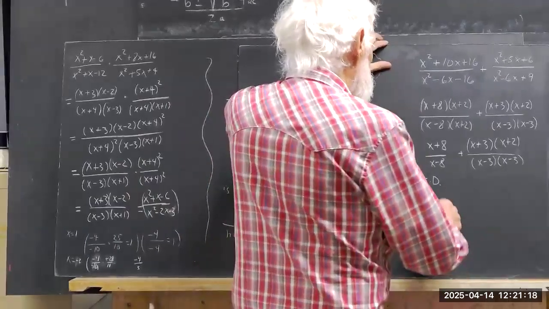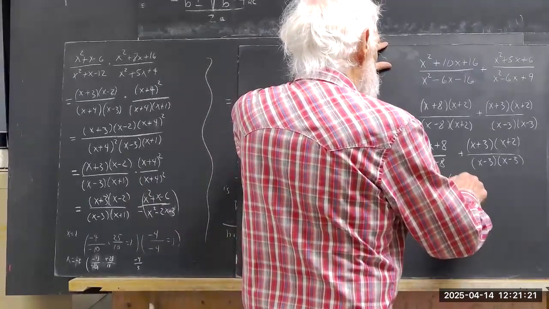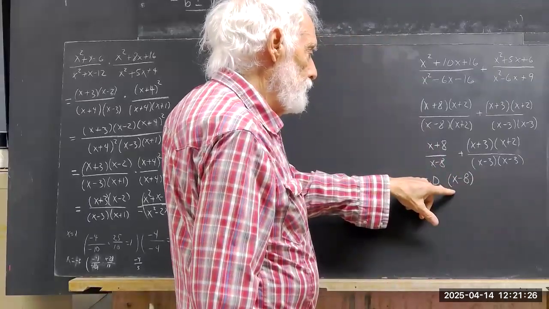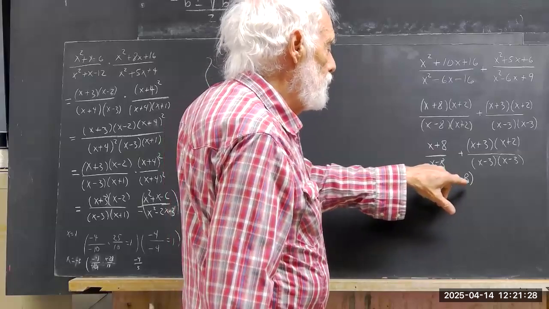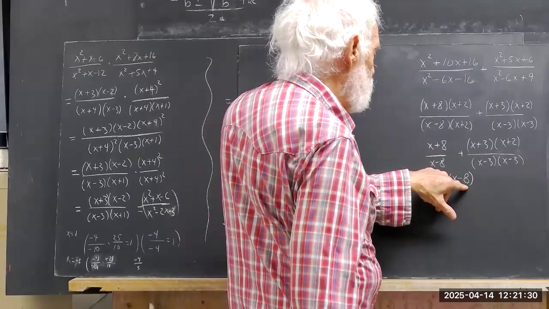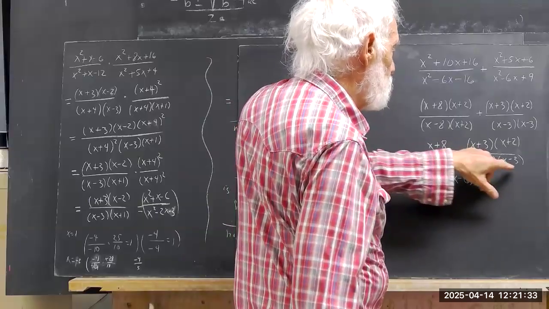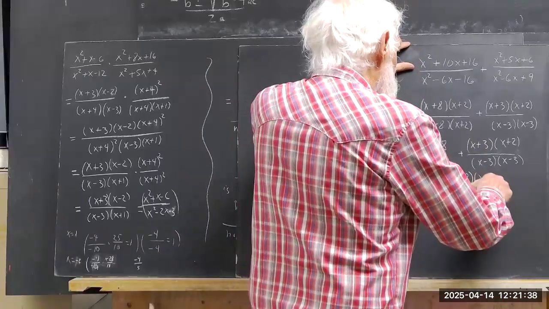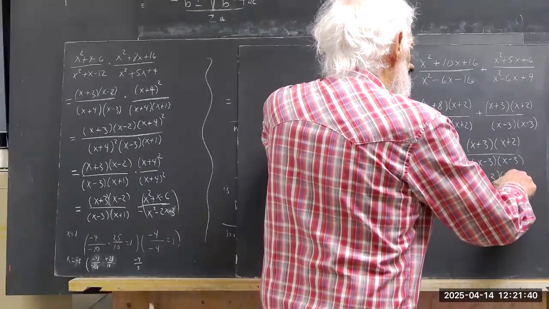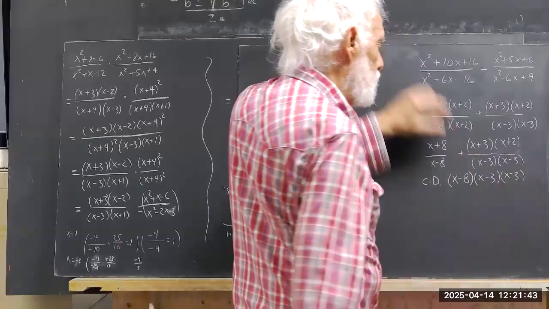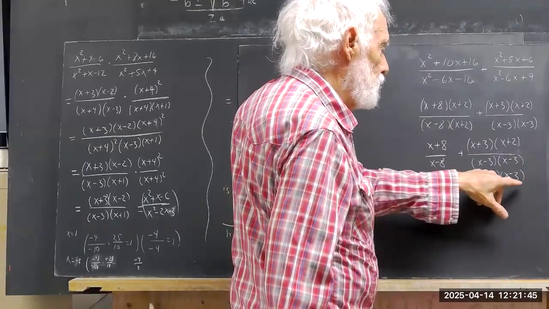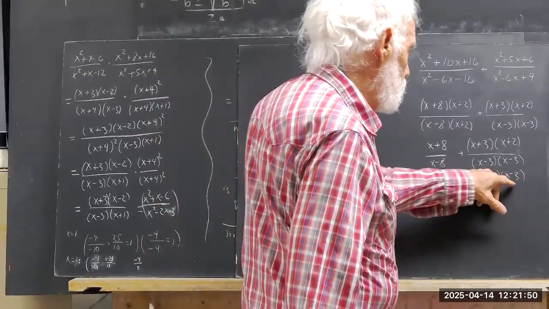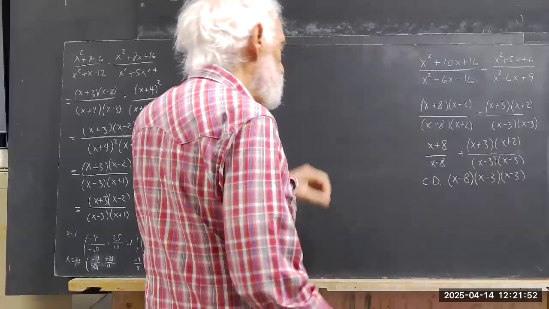Well, we certainly need the x minus 8, which is the denominator of the first. And then it needs a couple of x minus 3s because the denominator of the second fraction has those two. You have the option of writing that as (x minus 8)(x minus 3)(x minus 3), or (x minus 8) times (x minus 3) squared.